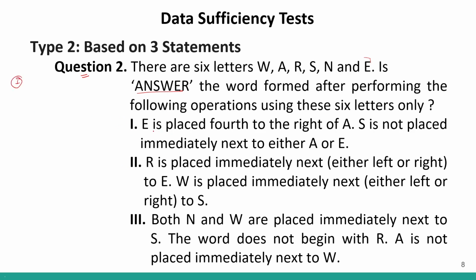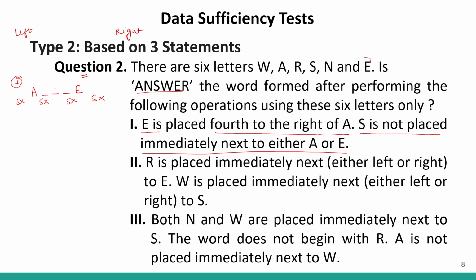Coming to statement number 1. Statement number 1 says that E is placed fourth to the right of A. So E is over here, fourth to the right of A. So this will be my right direction, correct? And this will be my left direction. So E is placed fourth to the right of A and S is not placed immediately next to either A or E. So S will not come here, S will not come here, S will not come here and S will not come here.